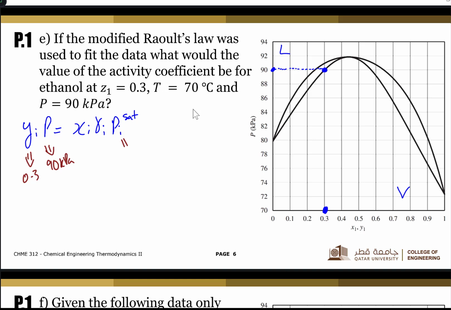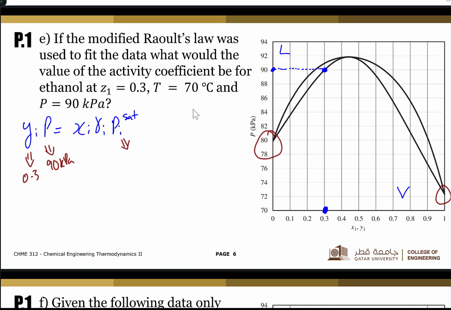No, we're talking about in general. How do I find Pi sat on this chart? This figure. The black line? Remember, the edges are the pure substances, right? So in this case, I'm looking at component 1.